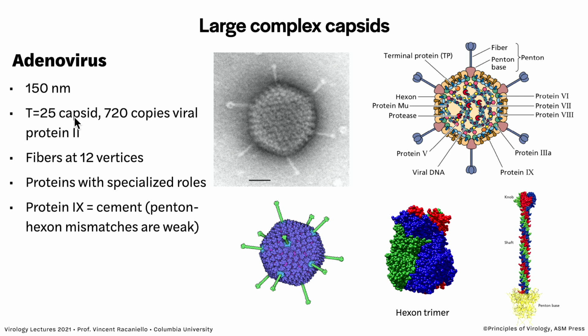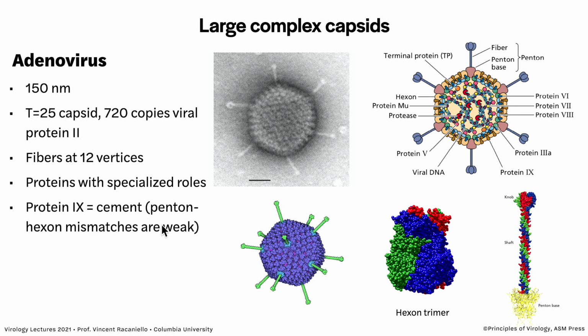It's a T equals 25 capsid made up of 720 proteins of a viral protein called protein 2, which are assembled in trimers to form what's called a hexon, and then those make up the icosahedral shell. But at each of the 12 5-fold axes, there's a fiber, shown here in green. And here's the fiber protein here on the right. It consists of a knob, a shaft, and a penton base that's inserted in there. So that's unusual. We haven't seen that before.